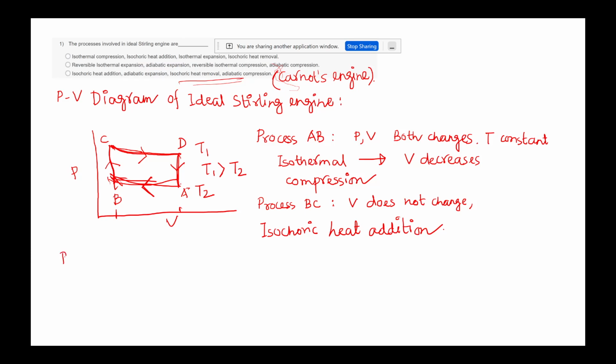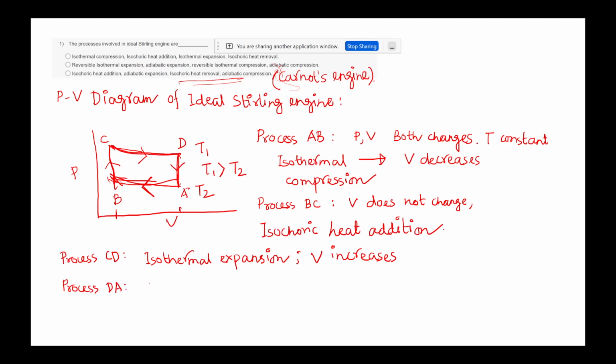Now the third process is process CD. In CD temperature is fixed, so this is isothermal. Now V increases, so this is isothermal expansion, right? The last process is process DA.